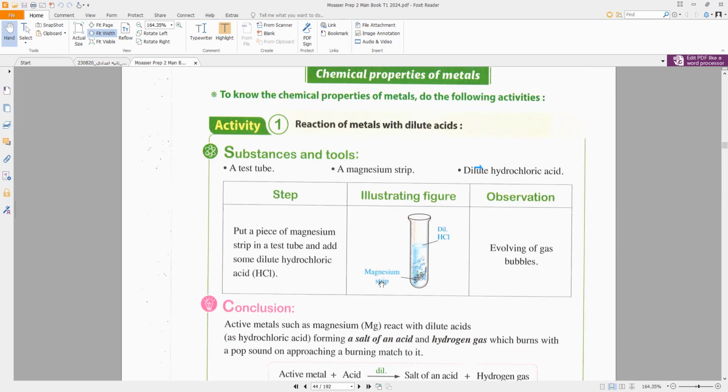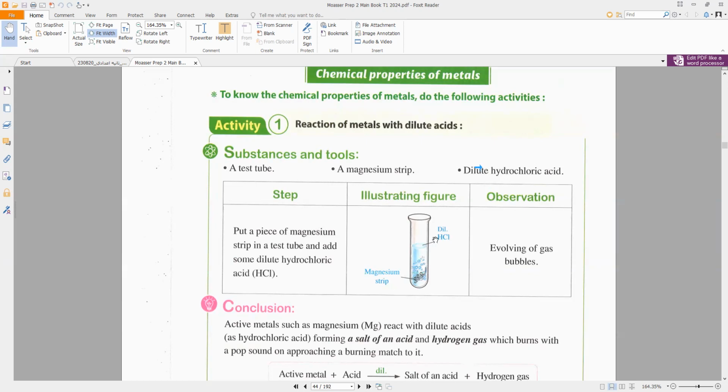When the metal is like magnesium, we bring the test tube and put in it a magnesium bar or piece of magnesium metal, like iron but soft, and put there HCl, hydrochloric acid. We call it hydrochloric acid because of hydrogen and chloride.